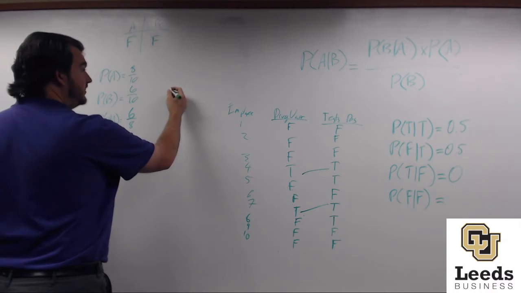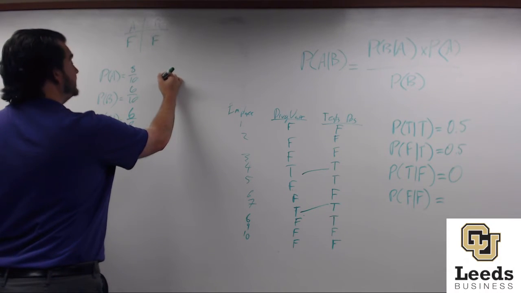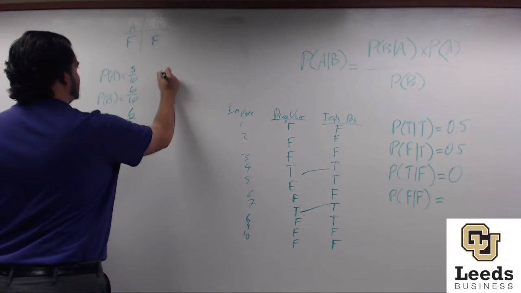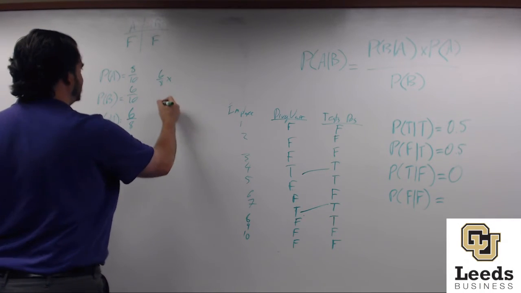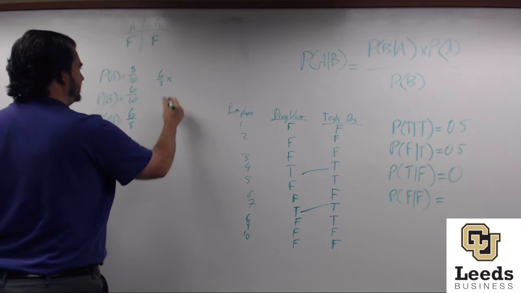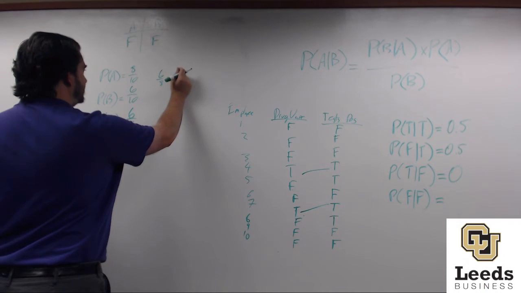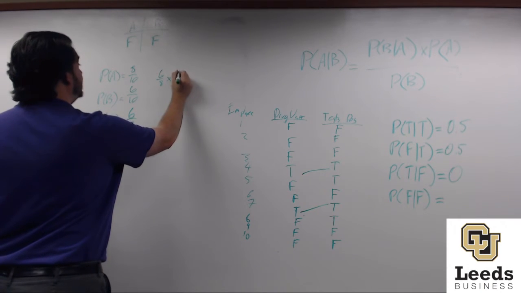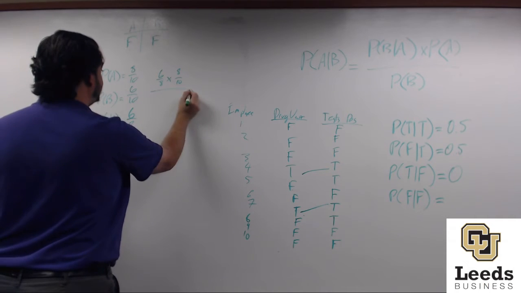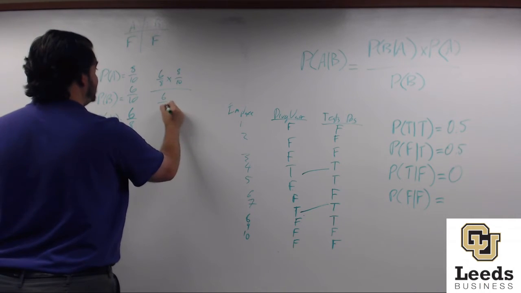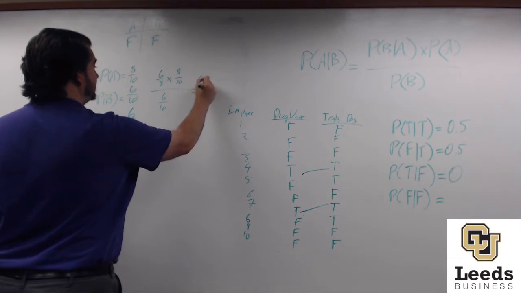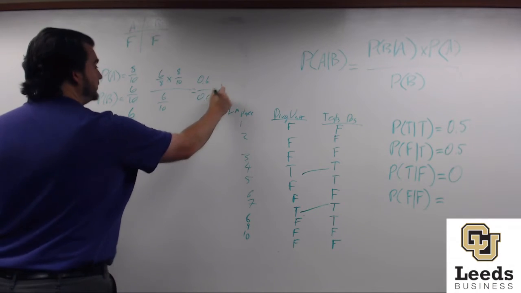So that is going to give us 6 out of 8 times 8 out of 10 over 6 out of 10 is equal to 0.6 over 0.6 is equal to 1.